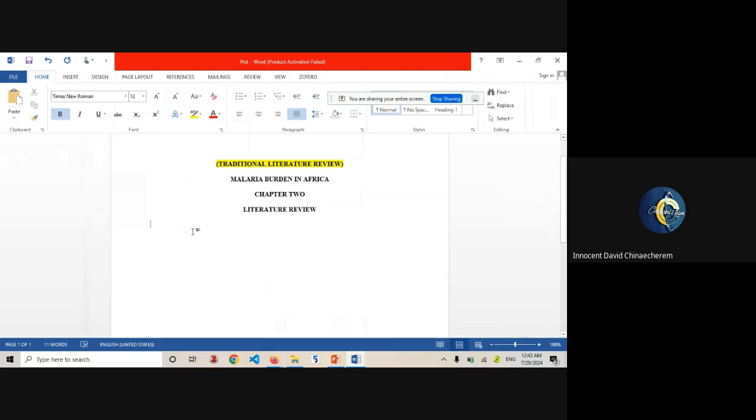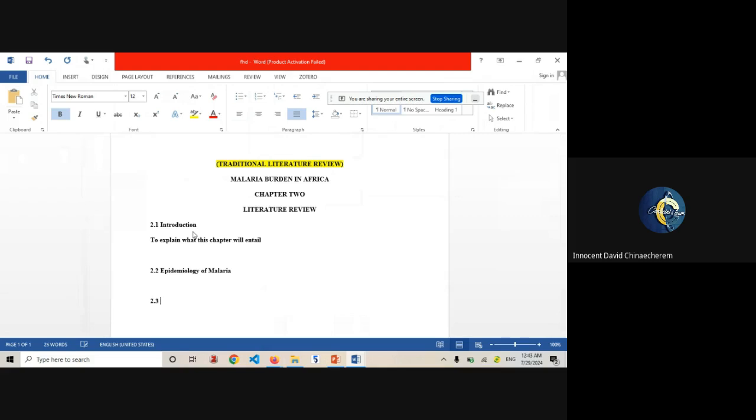So you might start with your 2.1. Maybe you might try to start with an introduction to explain what this chapter will entail, right? Then your 2.2, you make that decision yourself. You might say you want to start with the epidemiology of malaria, right?